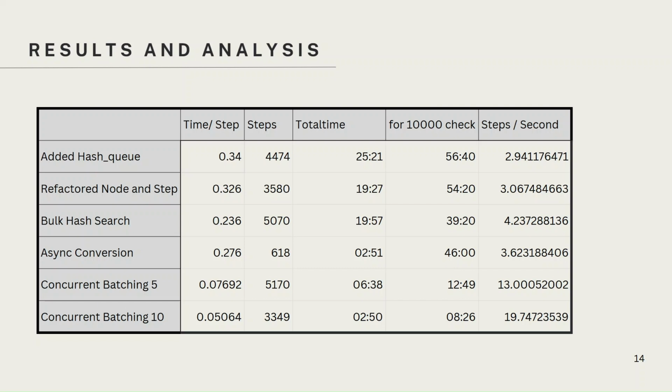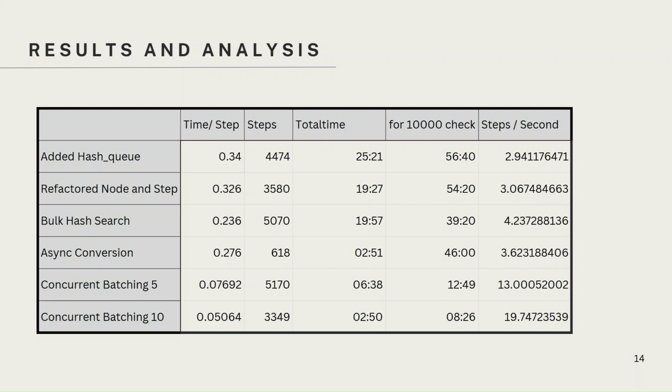Cool. And then refactor node and step. I just had to add more things. I made step in the graph function in charge of calling the wiki API and searching for all the related sites.